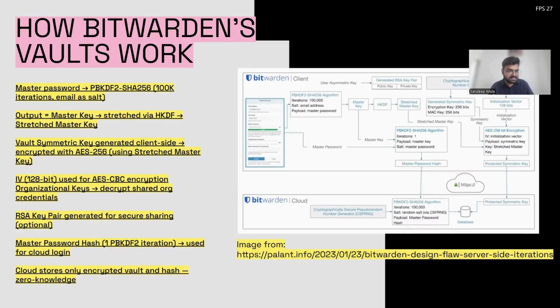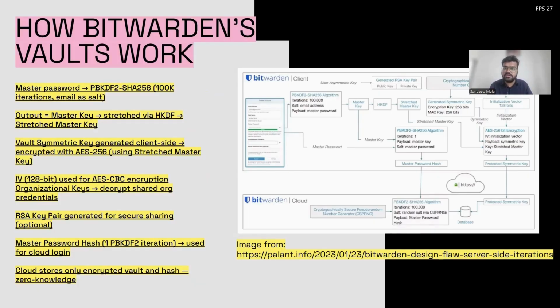Also, AES-CBC encryption handles the actual encryption of the data in the vault. So there is also separation between what algorithm is used to encrypt the credentials and what is used to encrypt the data itself. And the RSA keys are only used when sharing credentials securely with other users or devices that the same user might use on different platforms.